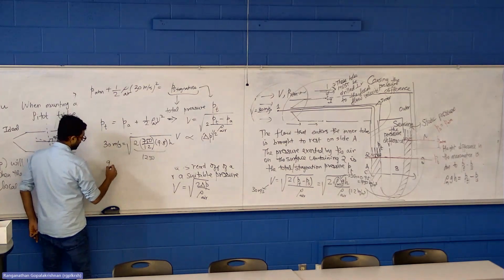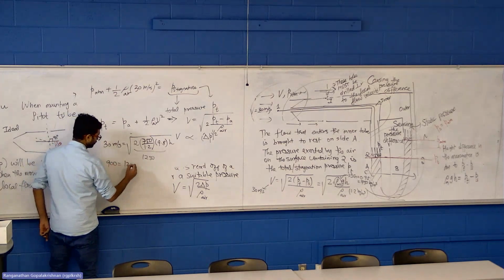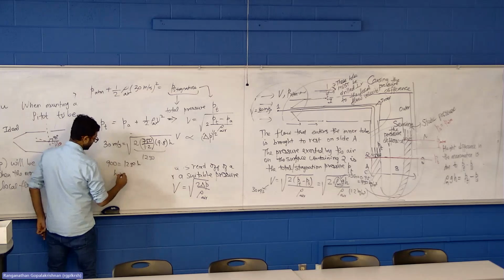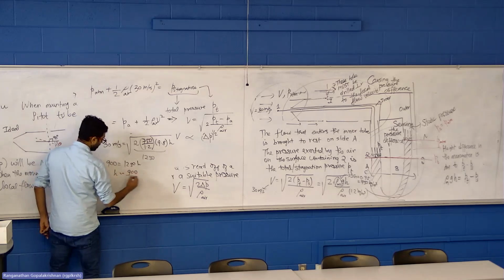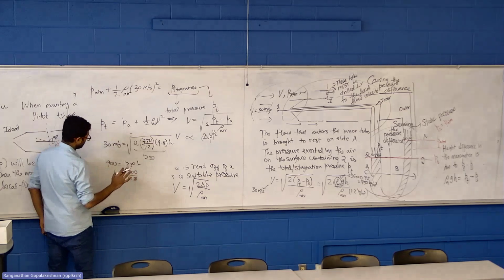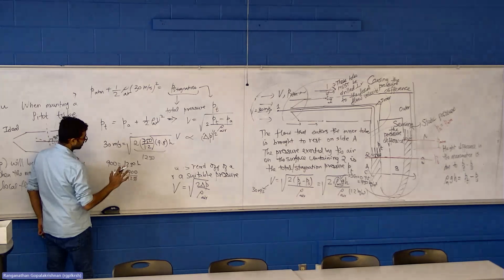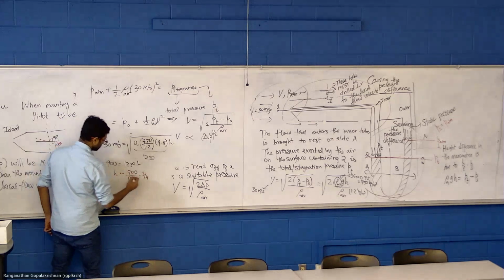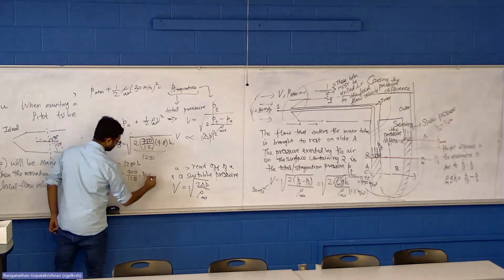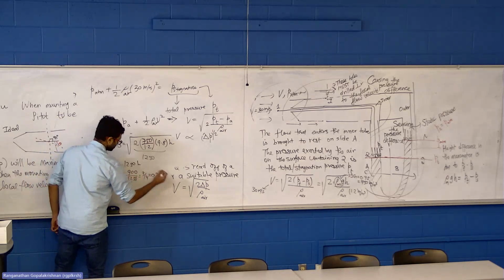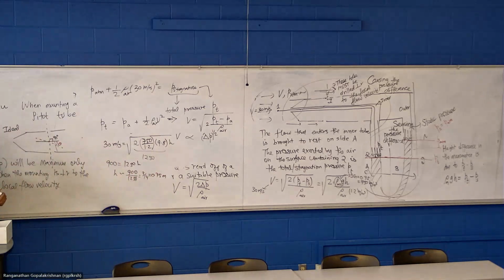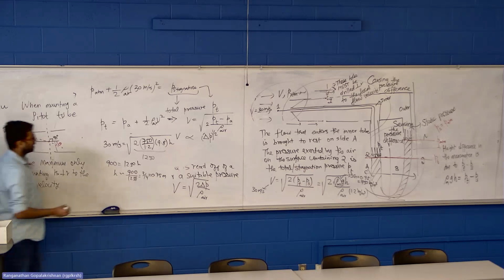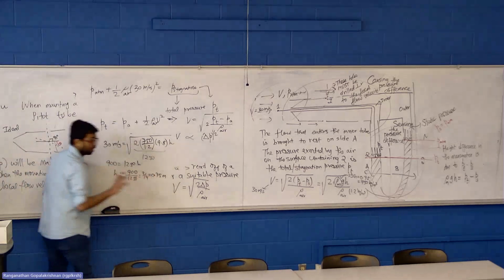So I'm going to write 900 equals 1250 H, which means H must be about 900 divided by 1250. Let me make sure I have the units right. So this is about 3/4, 0.75 meters.